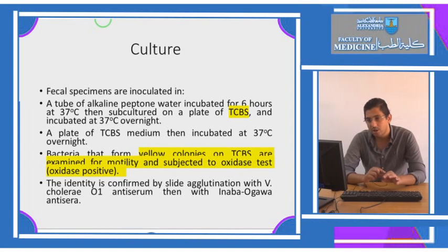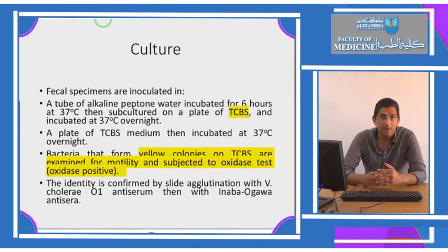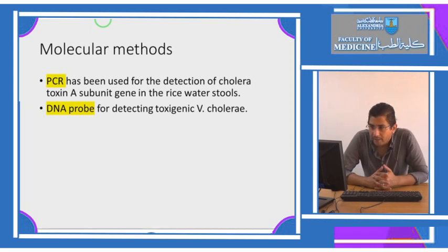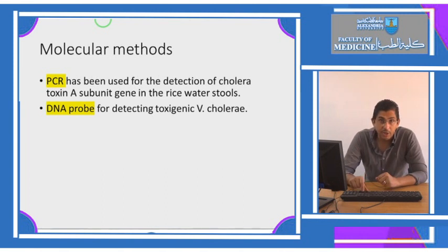From these yellowish colonies, you take specimens for an oxidase reaction test, which is positive, and here also it diagnoses Vibrio cholerae. Finally, the molecular methods, which are PCR or DNA probing for detecting toxigenic Vibrio cholerae.